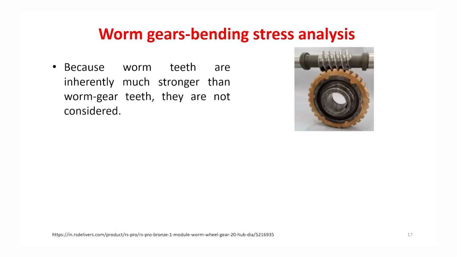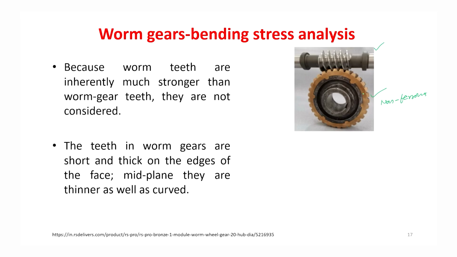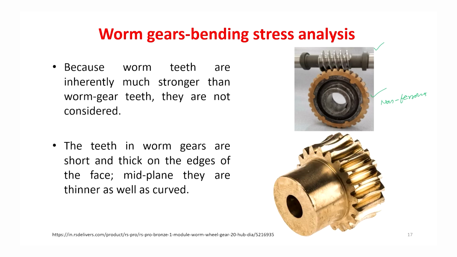Now, worm gear bending stress analysis. Because worm teeth are inherently much stronger than the worm gear teeth, they are not considered. This worm is made of steel, but the gear is made of non-ferrous material, and we have selected it as bronze. So, in this gear mesh, the worm is stronger, and so we don't take this, we take the gear. The teeth in the worm gears are short and thick on the edge of the face.